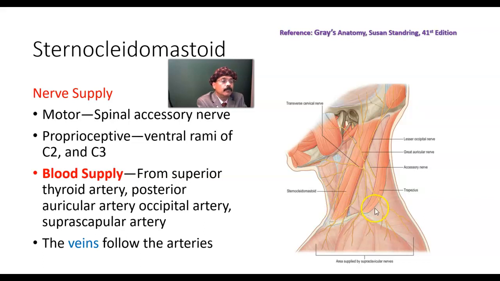We also have the supraclavicular nerve here. Most of these nerves pass over the sternocleidomastoid muscle. The great auricular nerve, lesser occipital nerve, and also the anterior supraclavicular nerve pass over the lower part of the sternocleidomastoid muscle.